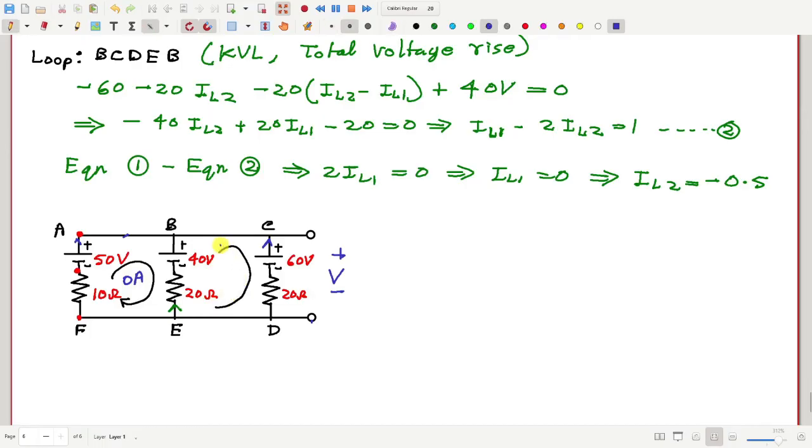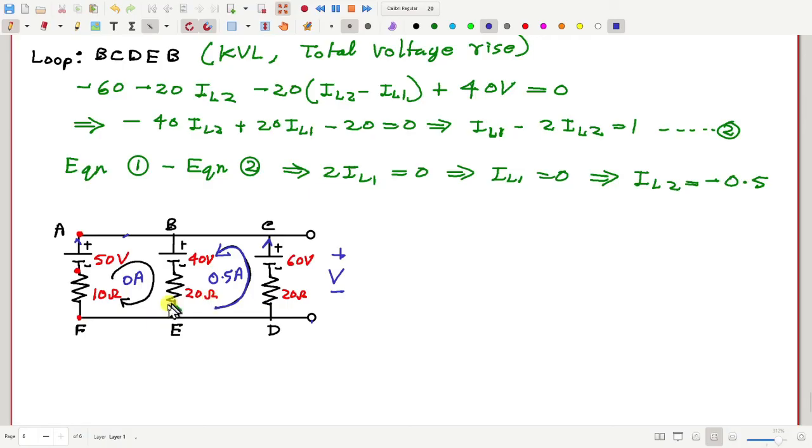That means actually in the opposite direction we have plus 0.5 ampere. So this is the circuit solution, and now you can find any other currents or any other voltages.